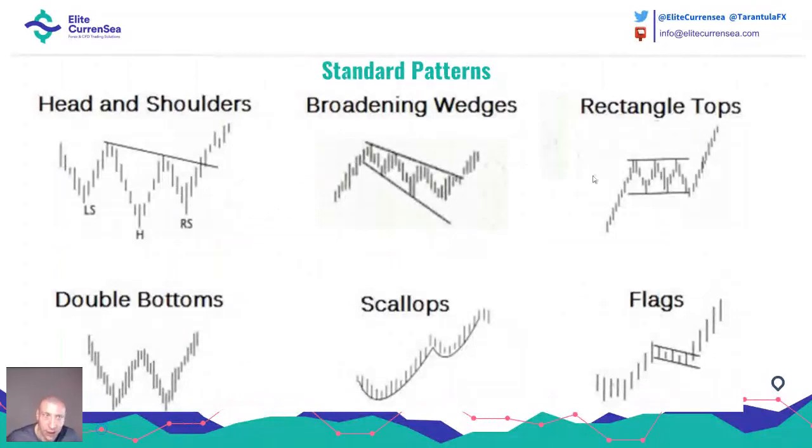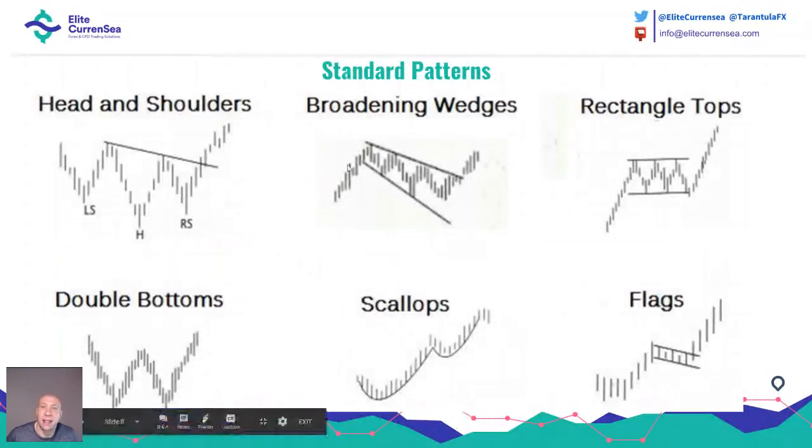I don't trade it. Rectangle tops, double bottoms, scallops, flags. These are standard patterns that you will come in touch with because those are mostly patterns that appear in the forex world. Okay, I'm not talking about stocks. I'm not talking about equities, futures. We are talking about forex trading.